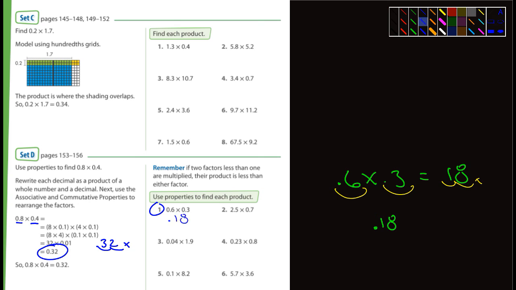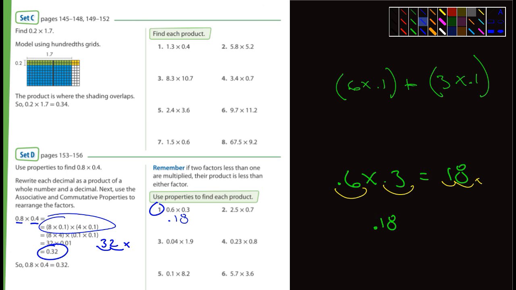You could go through the trouble of writing, actually, I'm sorry, it'd be 6 times 0.1 times 3 times 0.1, which is really what we're doing, or what they did right here.